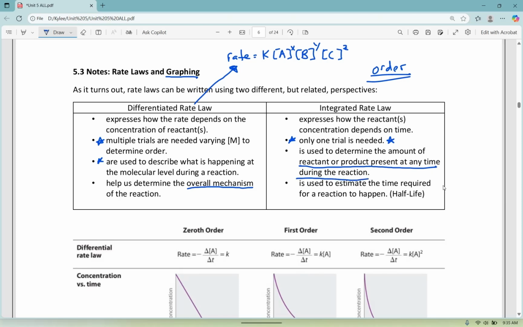So again, the pros are 1 trial, and I can zoom in and look at how much of any reactant or product is present at any point in the reaction. This is also how we can determine the half-life of reactions in nuclear decay processes. So lots of pros here on the integrated rate law side.